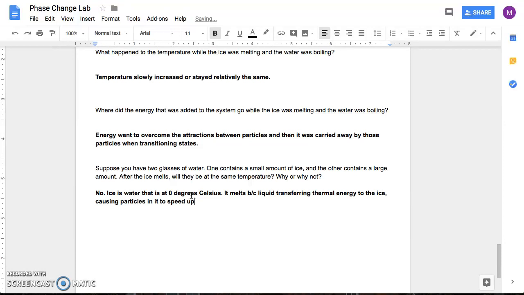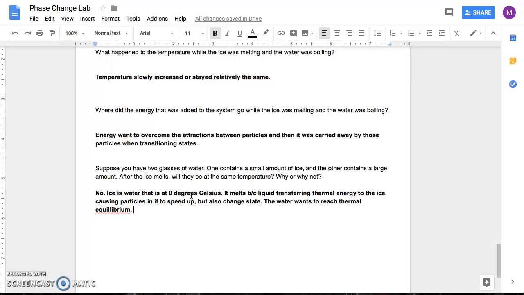But not only to speed up, but also change state, right? They're speeding up and changing state, like in our graph. In addition, we would say that the water wants to reach thermal equilibrium.